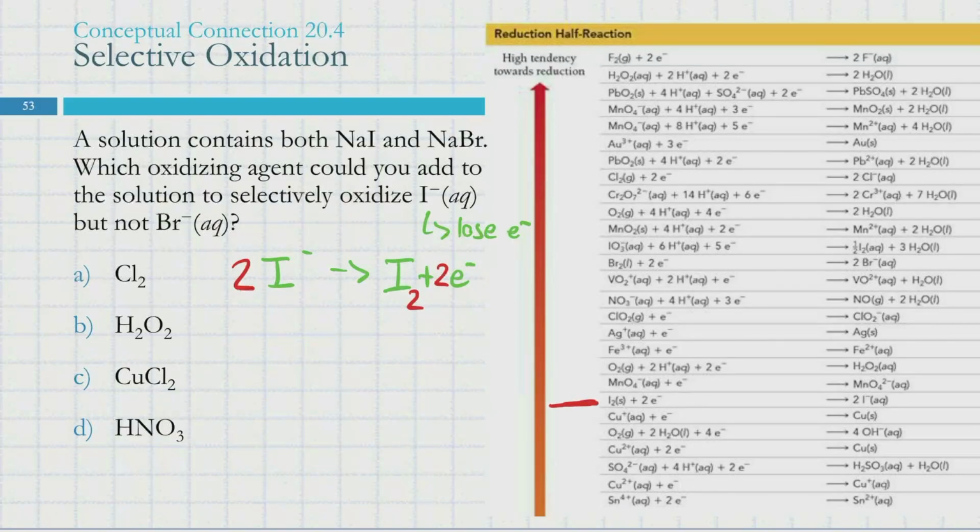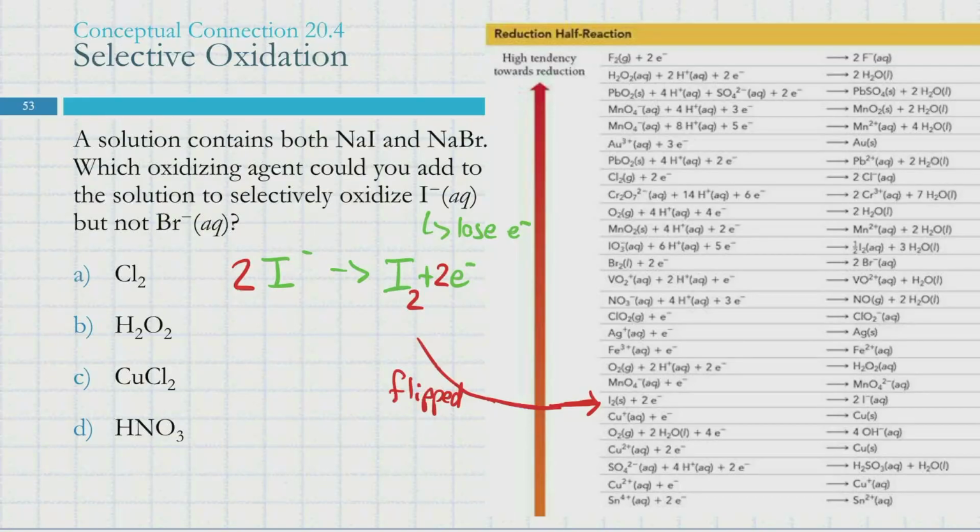And that's down here, but flipped. So there's our iodide one. It's written here in the opposite direction. Right, from the oxidation, it's written in the reduction part.